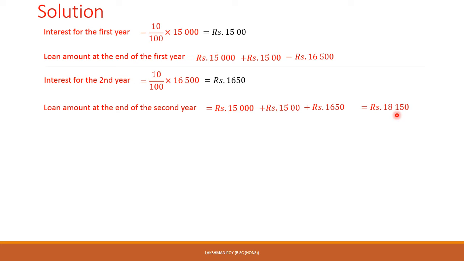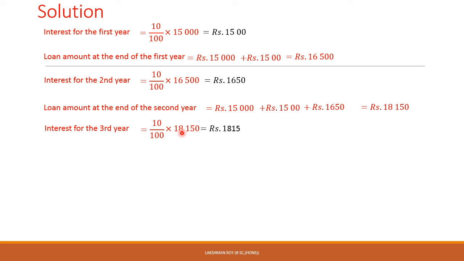Now when you calculate the interest you should pay in the third year, you have to use the loan as 18,150. So the interest for the third year, the rate is 10%, same as above, and you multiply by the amount remaining at the end of the second year, that is 18,150.